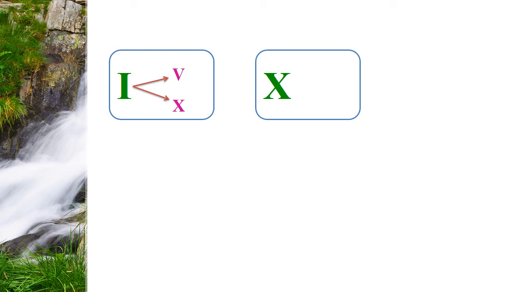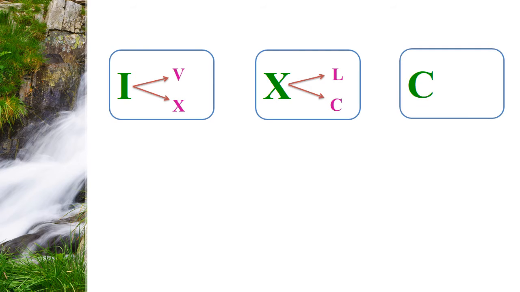So for subtraction, I is subtracted from either V or X. X is subtracted from either L or C. C is subtracted from either D or M.